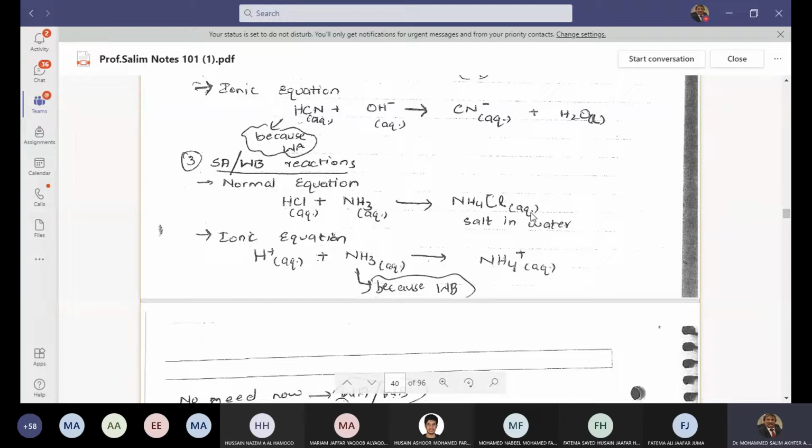NH4Cl aq, what is the meaning? Where is the salt? Is the salt in solid form or in water?